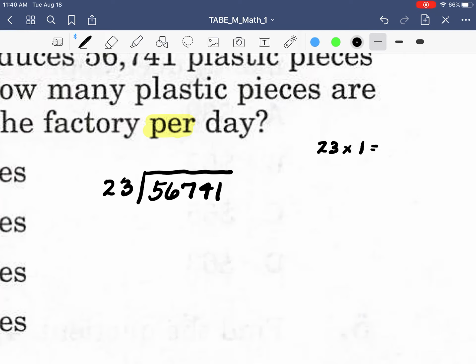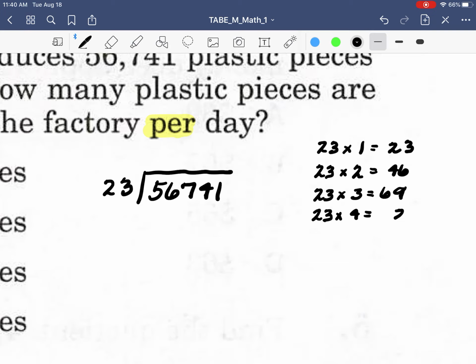So 23 times 1. 23 times 2. 23 times 3. 23 times 4.